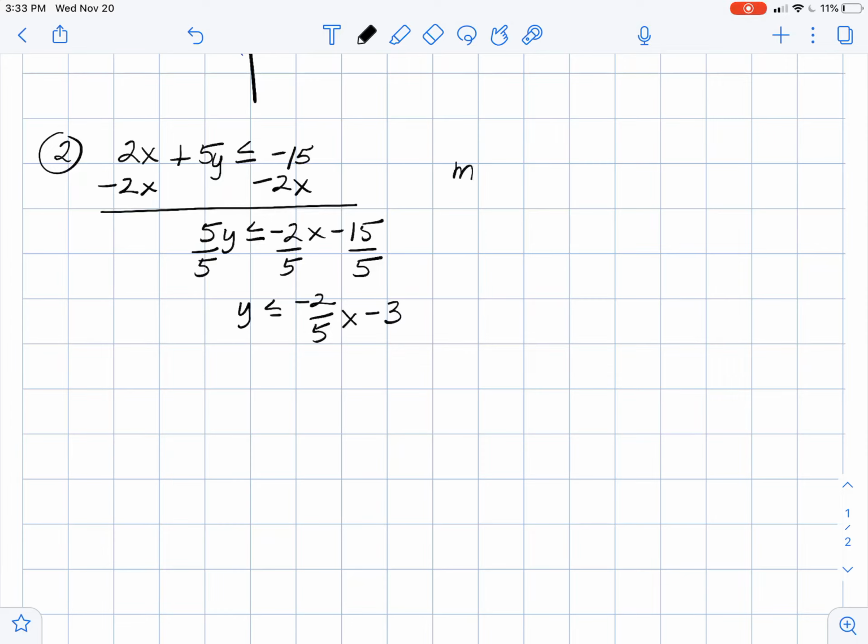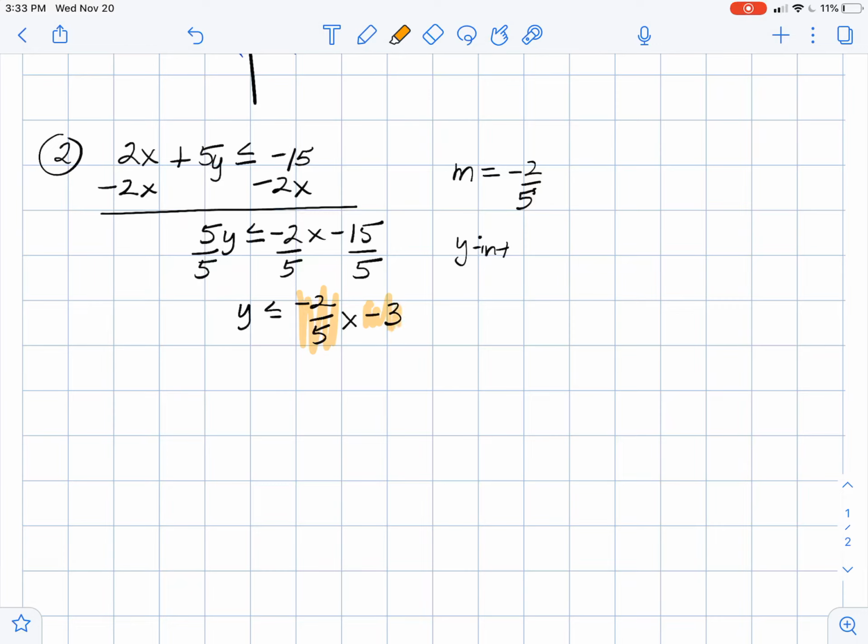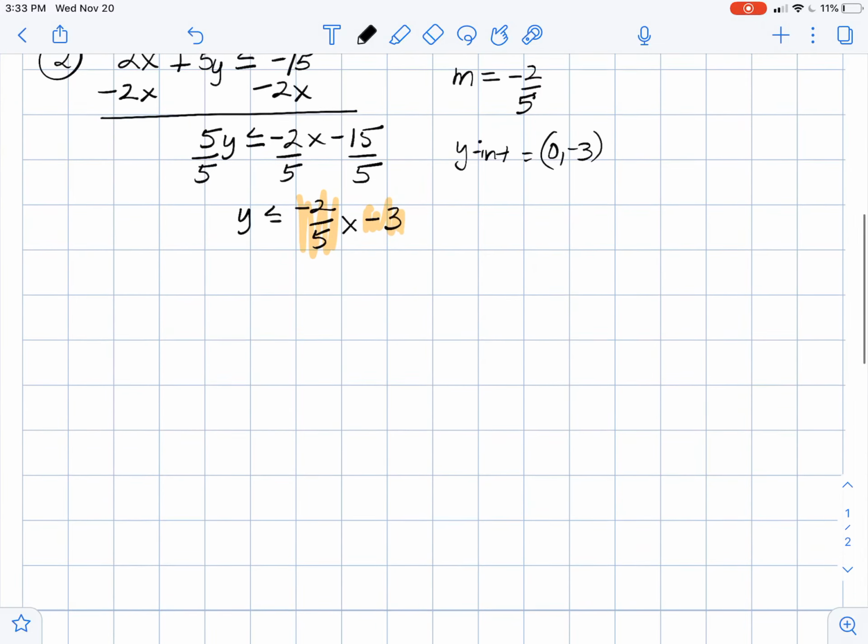So now when I look at it, my slope, again, is the number in front of the x, which is a negative 2/5, and my y-intercept, okay, that's my plus b here, which is a minus 3. Okay, so now I'm going to go to my graph.